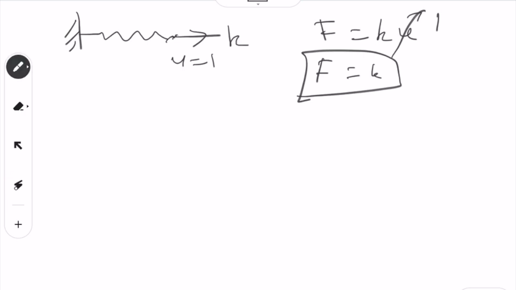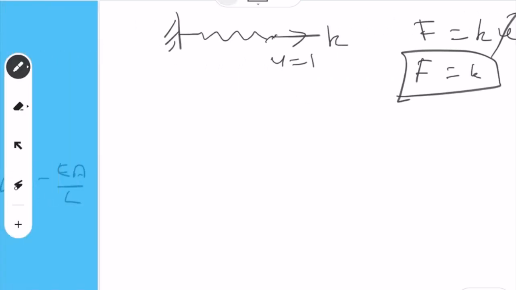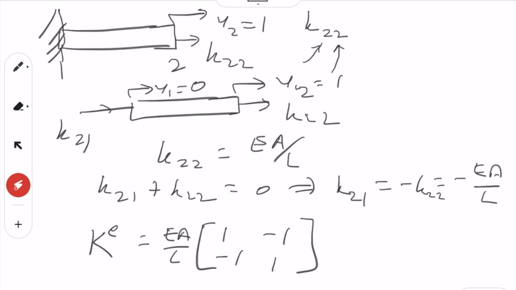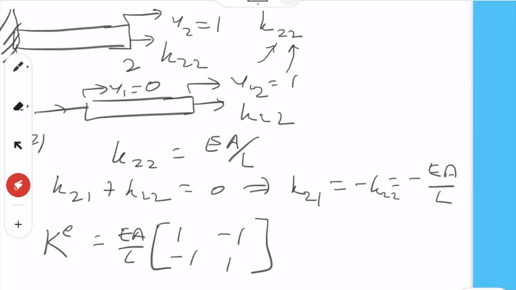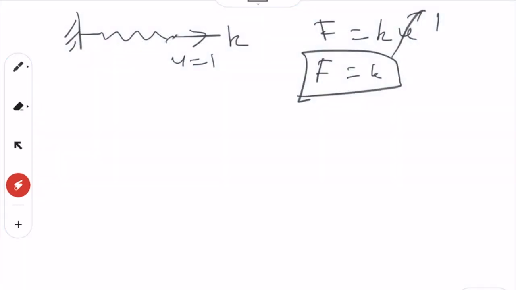What I mean to say is, it is absolutely possible that you have one structural element, a 1D bar, you take it to the lab, and you do some kind of analysis the way we did here. What did we do?